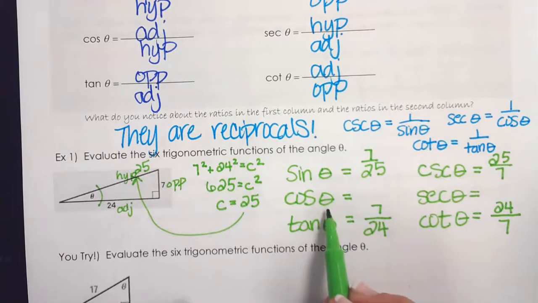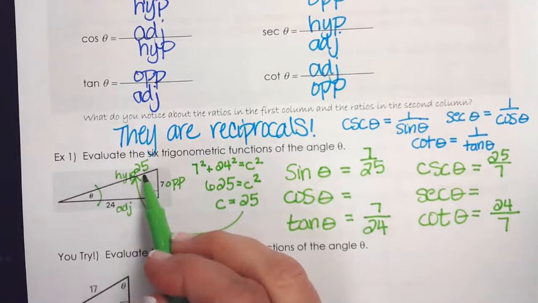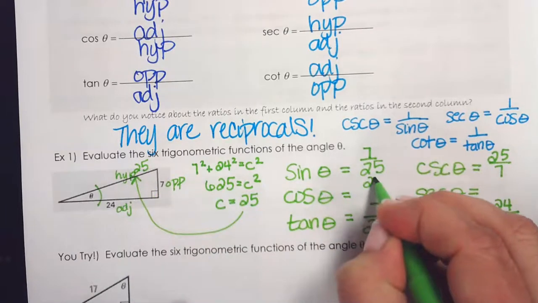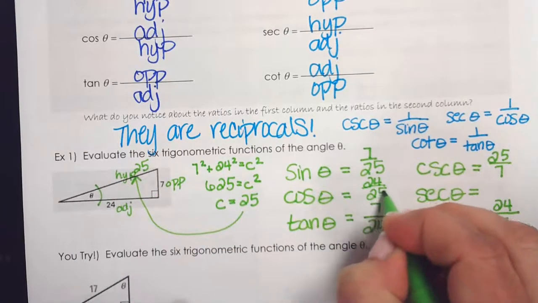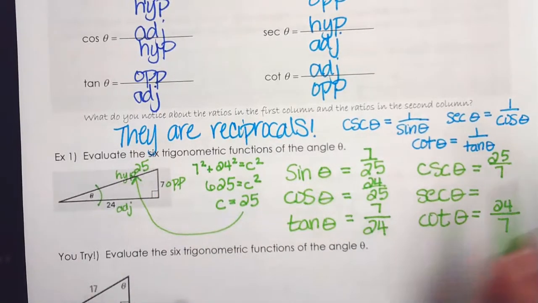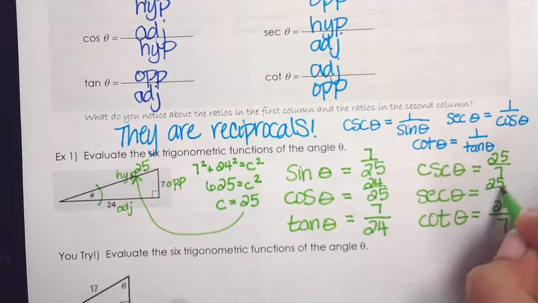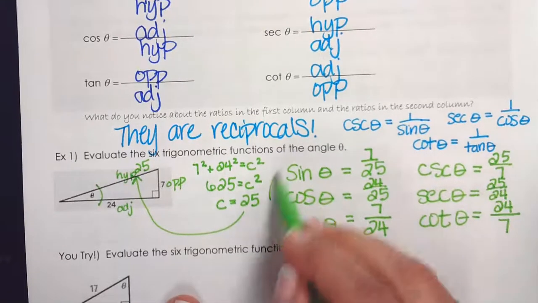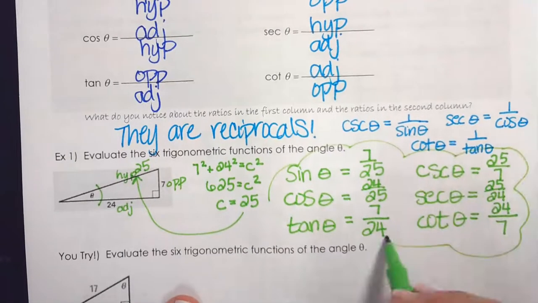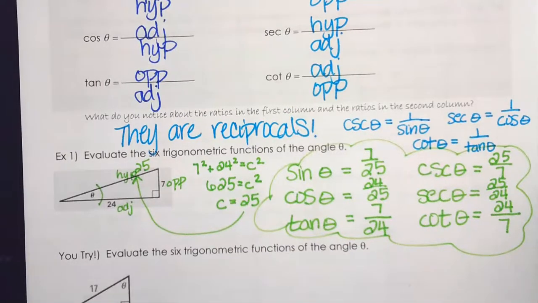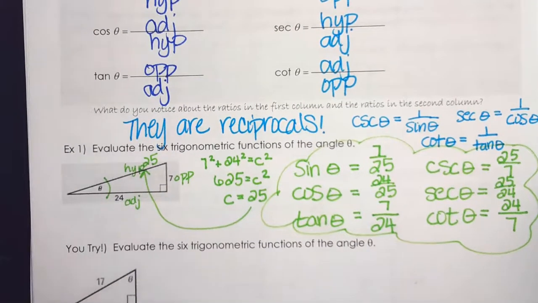Our cosine is adjacent over hypotenuse, so that would be 24 over 25. That means our secant would be 25 over 24. Okay. And those are the 6 trig functions of our angle theta.